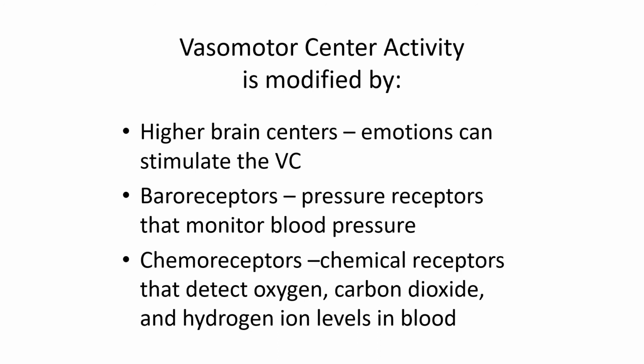There are also chemoreceptors, and like their name implies, they detect chemical changes in your bloodstream and likewise feed that back into your vasomotor center as well. Specifically, chemoreceptors detect oxygen changes in your bloodstream, carbon dioxide changes, and hydrogen ion level changes in your bloodstream. Keep in mind, hydrogen ions contribute to the pH of your blood. So it is in the common carotid arteries and aortic arch that we have these receptors buried in the wall.